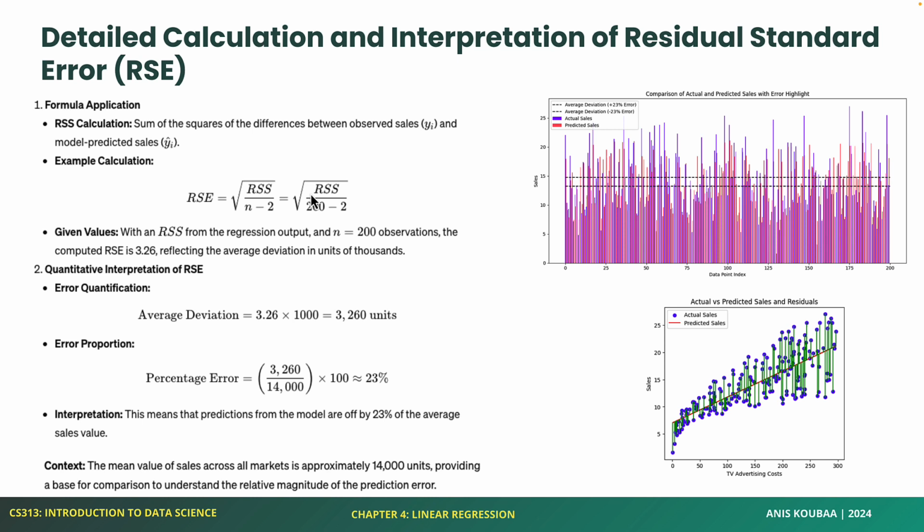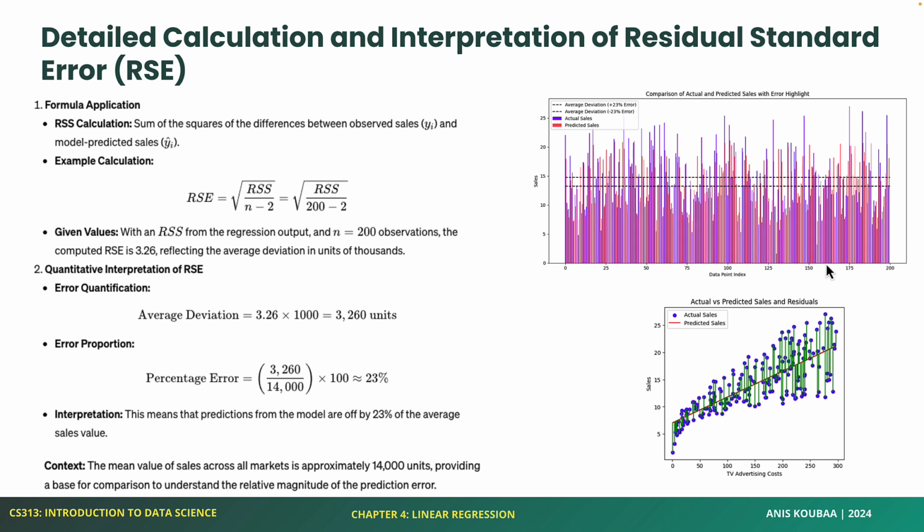Applying this formula, here we have 200 observations, and we can calculate the RSS from the data set. We will find 3.26. Since we are using $1,000 as a unit, we multiply this, and we find that the average deviation in sales is around 3,260 units, which is in thousands of dollars.